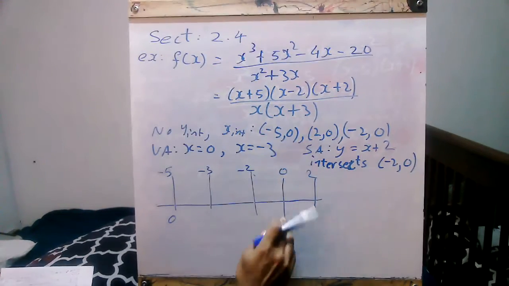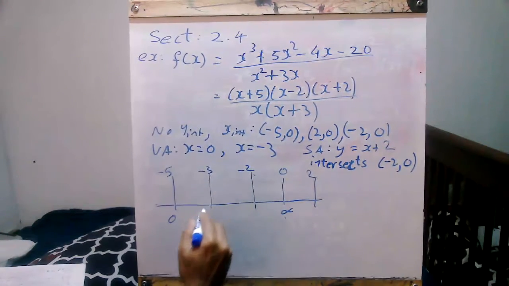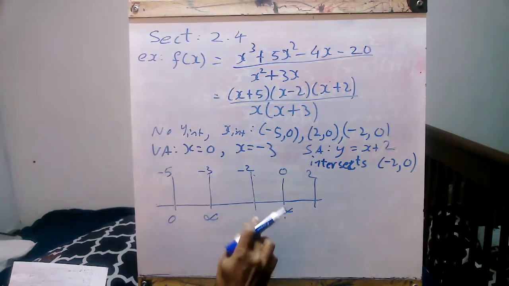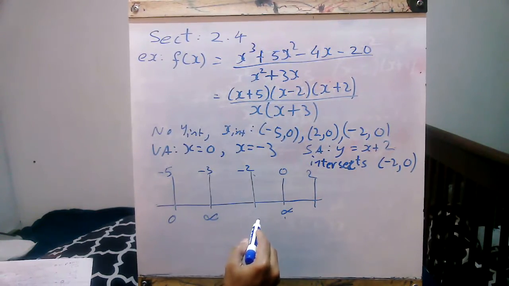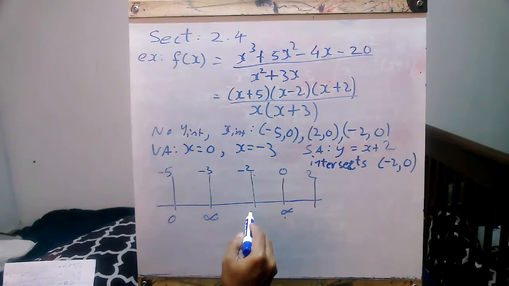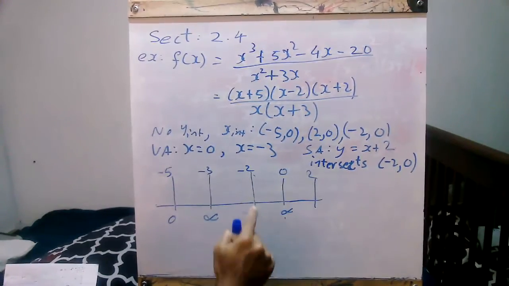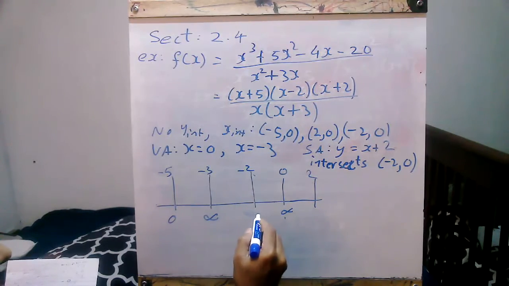This is the vertical asymptote, at infinity and negative 3. This is equal to negative 2. x equals negative 2 is an x-intercept, this is 0.